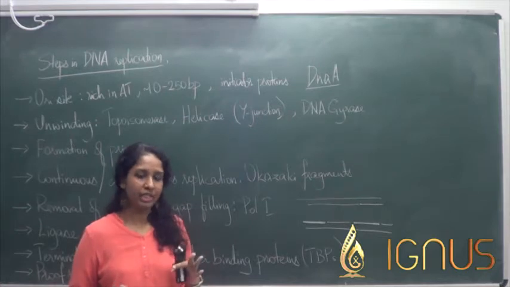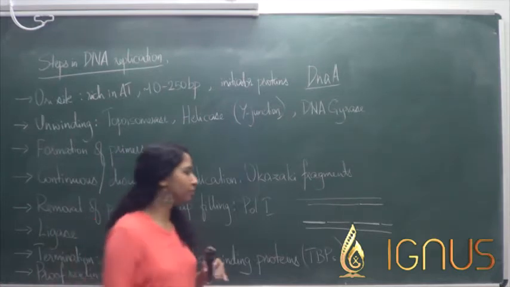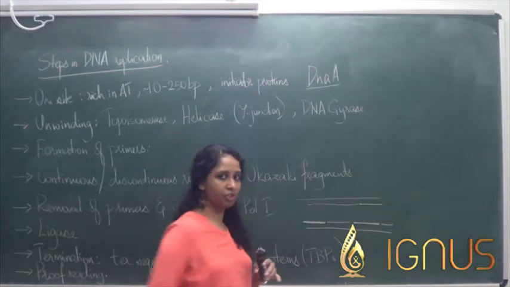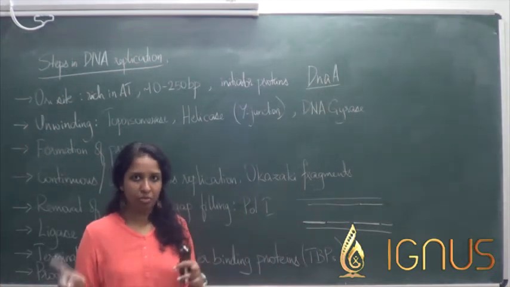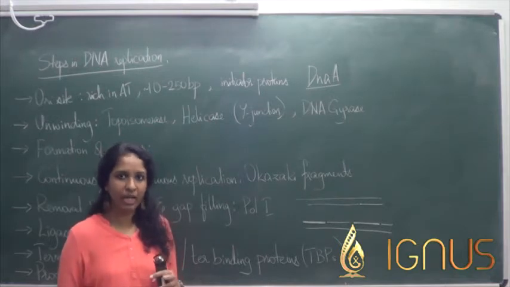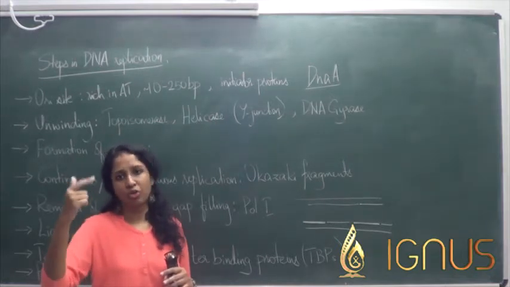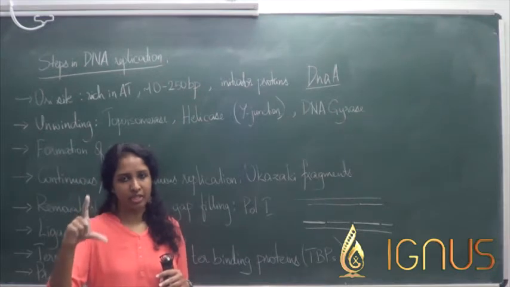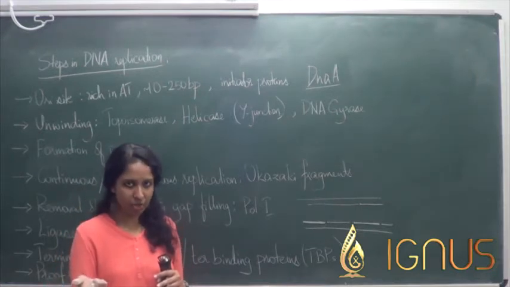So the 5' phosphate and the 3' hydroxyl group will not be bonded between these two, and that bonding also will be done by DNA ligase. So DNA ligase does two things. One, it is going to bond two of the single strands of the DNA together, making it a double-stranded molecule.